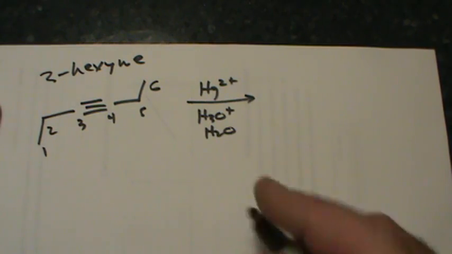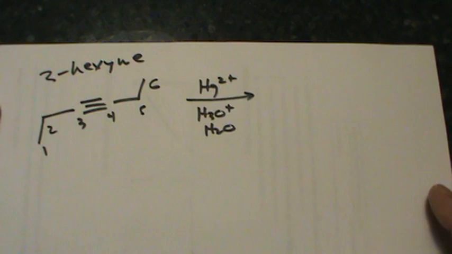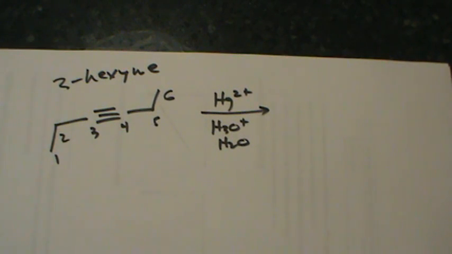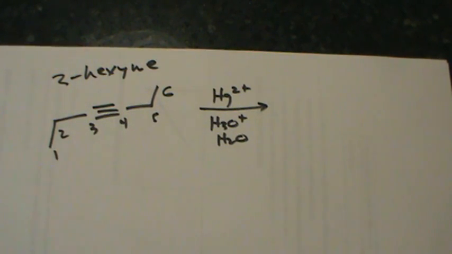And now, if you look at the levels of substitution, they are identical. There is no unsymmetrically substituted alkyne in an internal alkyne. Both of the alkyne carbons are secondary, so it doesn't really matter where you add the H and the OH, and you would expect that it would add in either direction.